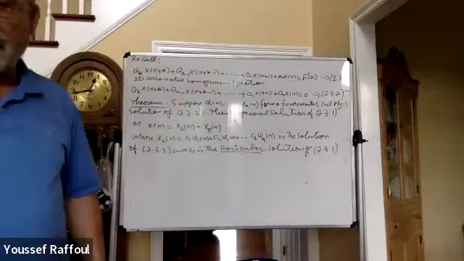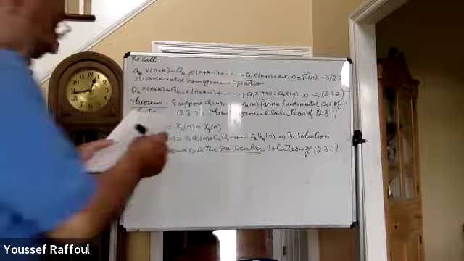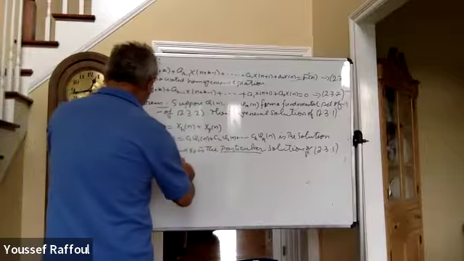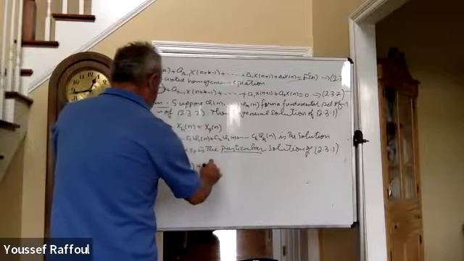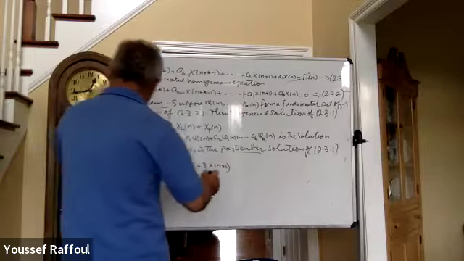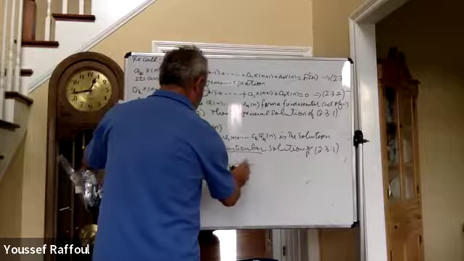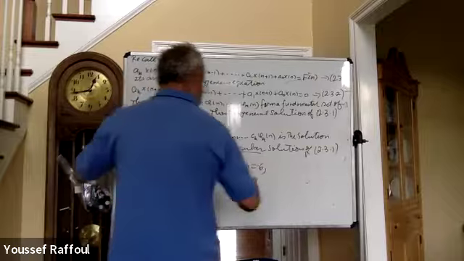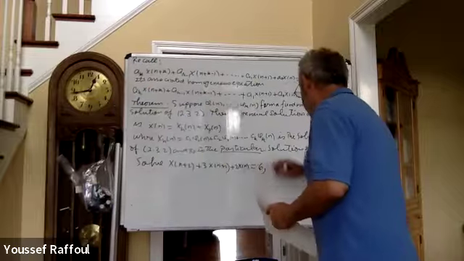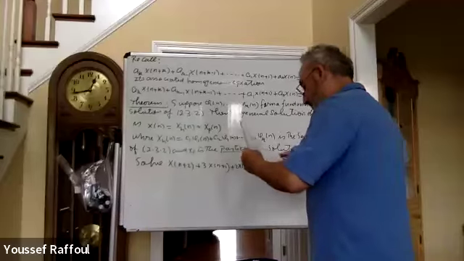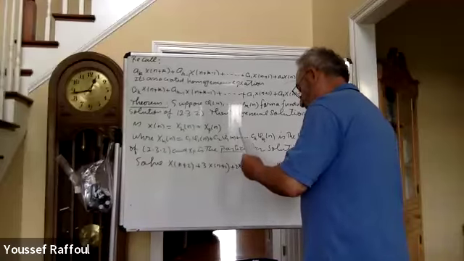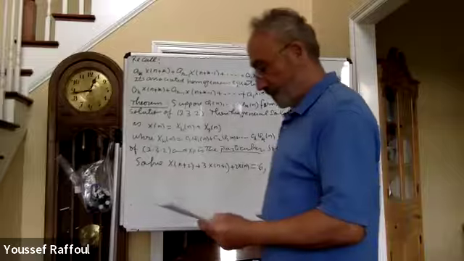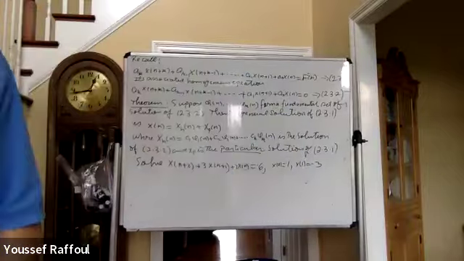So for example, let's say we want to solve x of n plus 2 plus 3x of n plus 1 plus 2x of n equal 6, with x of 0 equal 1, x of 1 equal minus 3. Okay?